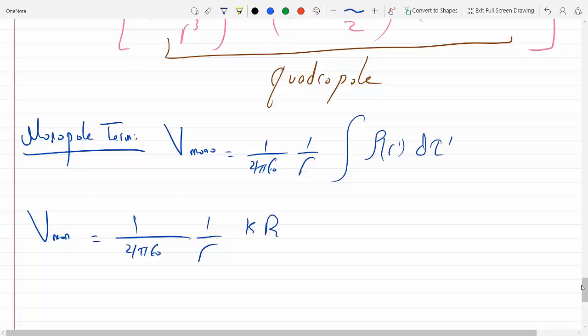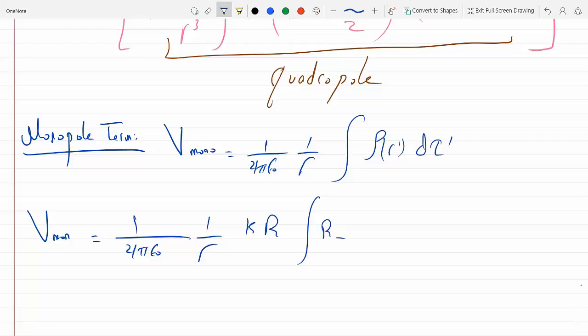So we have the integral of r minus 2r. We pulled out the kr and we have over r squared, so we can see 1 over r squared, sine theta. And what's d tau?